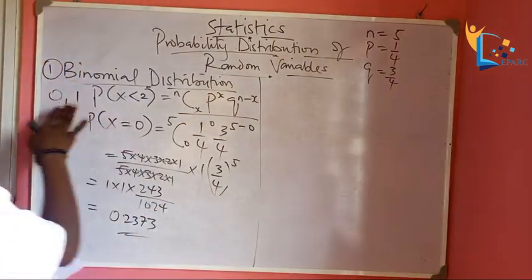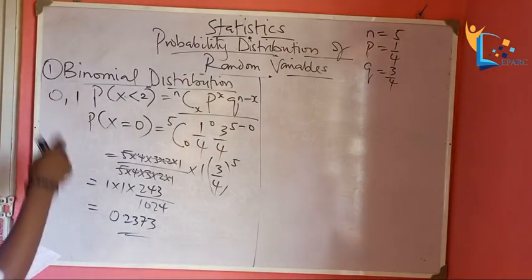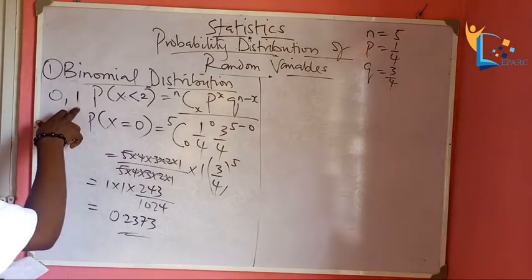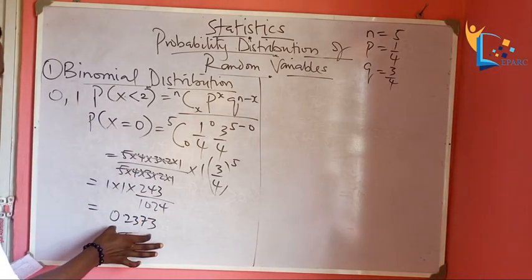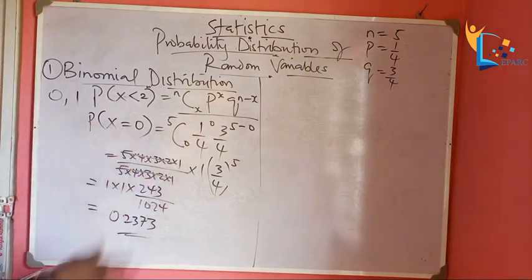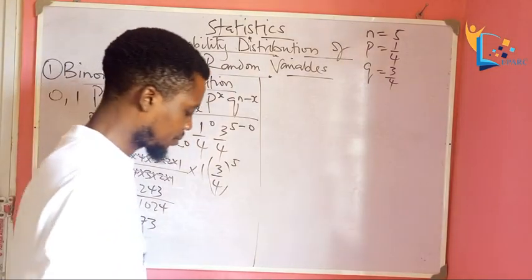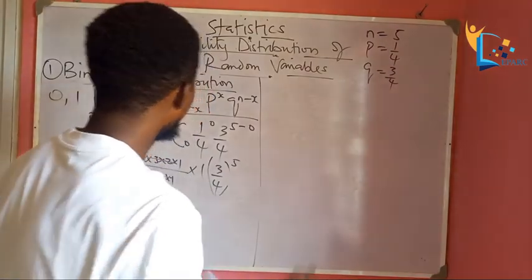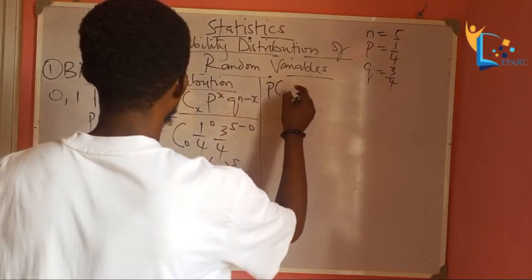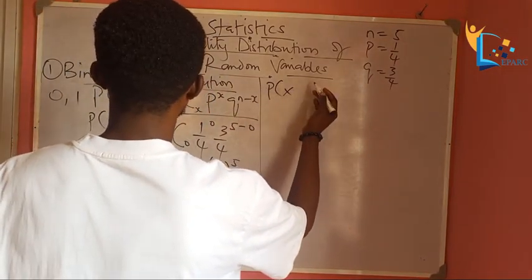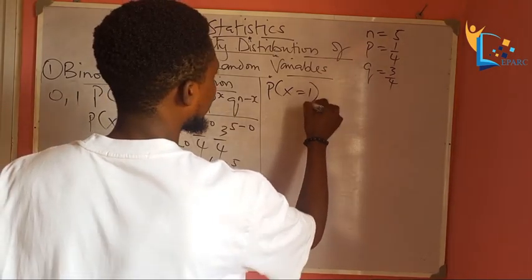Okay, so that's that. So we have solved for 0 now. So let's solve for 1. Whatever result we get for 1, we'll now add it with this one to give us an answer. Okay? So for 1 now, x is equal to 1.